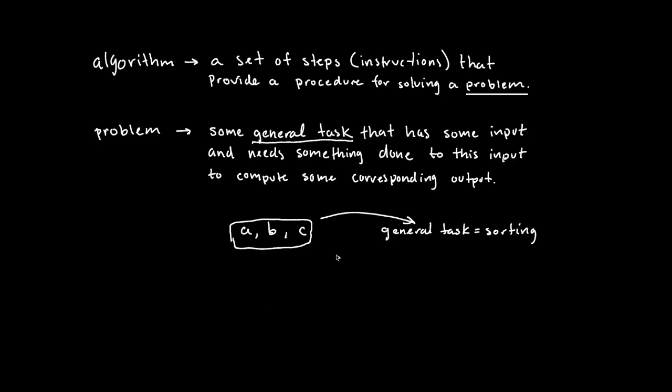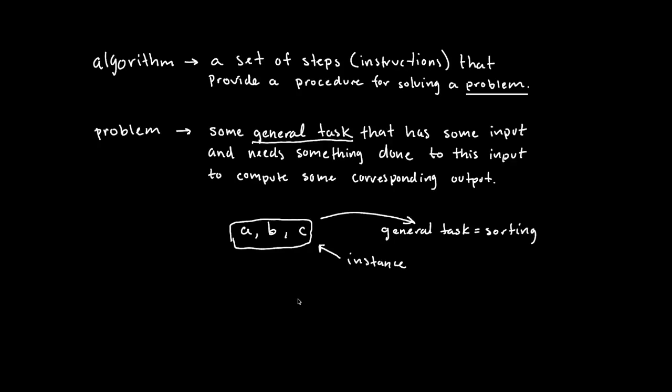It is important that I stress that we are able to recognize an instance of the problem. The problem we are trying to solve is a sorting one, and we're just looking at the specific instance.